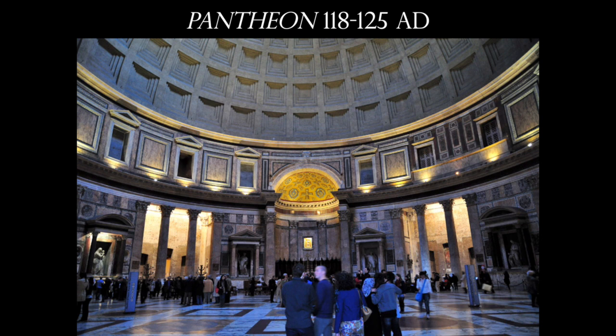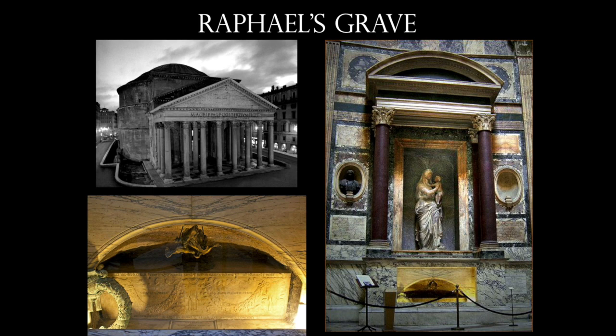And then the roof itself is coffered, so you see the square within a square within a square. That takes off a lot of the weight from the structure. It is made with concrete. However, after the fall of the Roman Empire, around 500 AD, the recipe for concrete is lost. This is also the resting place for the Renaissance artist Raphael.